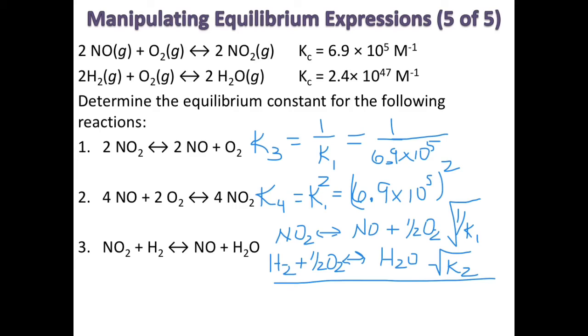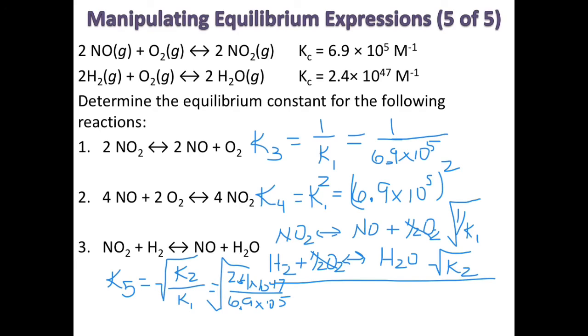When we add the two reactions together, this half O2 cancels and we get the net overall reaction, and K5 equals the square root of K2 divided by K1, which is 2.4 times 10 to the 47th over 6.9 times 10 to the 5th, and the square root of all that. Once again, I'll let you do that calculation.